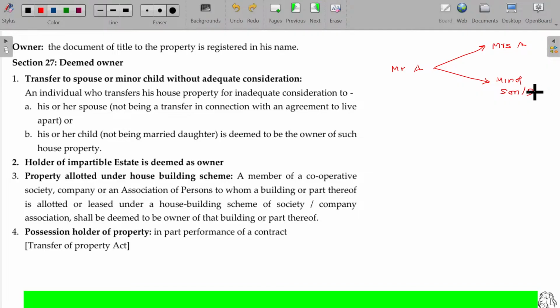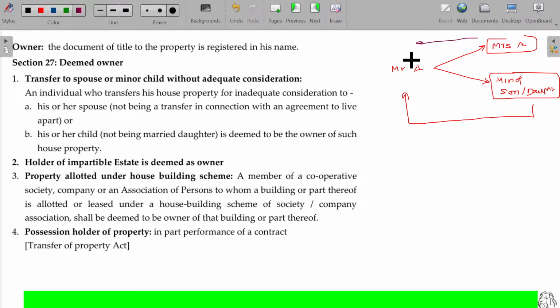Mr. A has 2 house properties. One property is now registered in Mrs. A's name, another in the minor's name. Yet the income from the house property will be clubbed only in the hands of Mr. A, because there is no adequate consideration transferred.